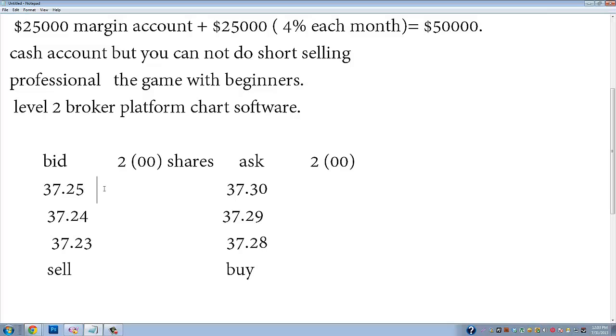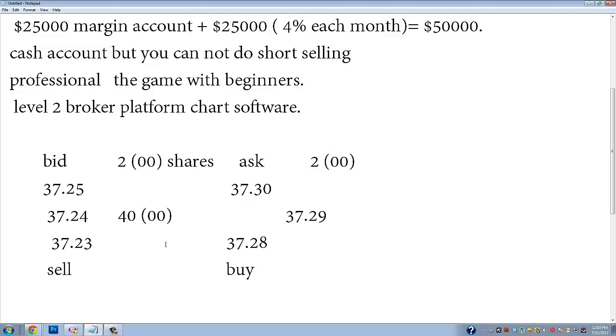Now sometimes you see, for example, 40. It means 4,000 shares. It means some people are offering more shares to sell, or there are more shares to buy.